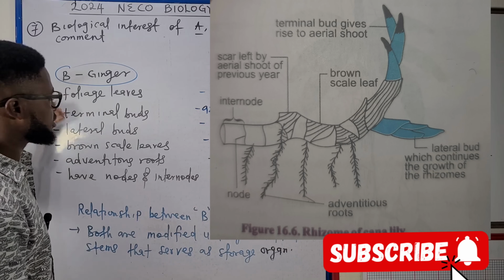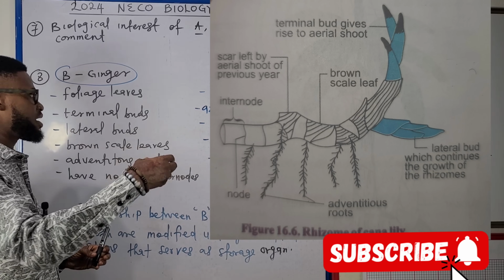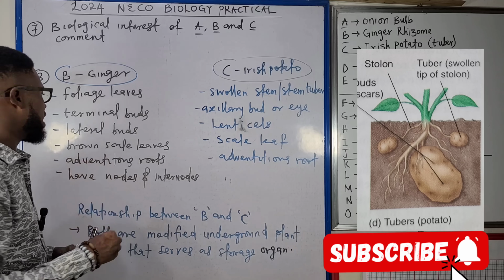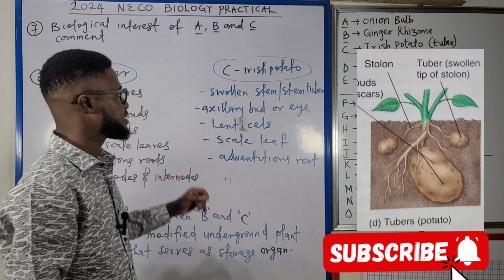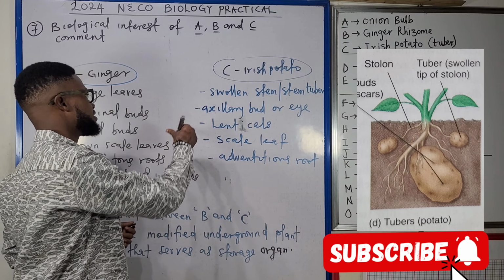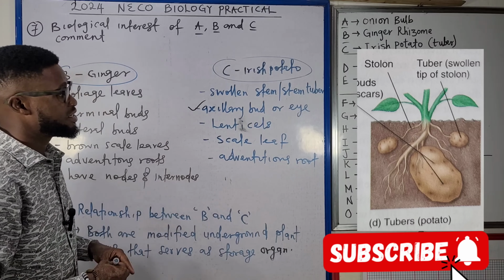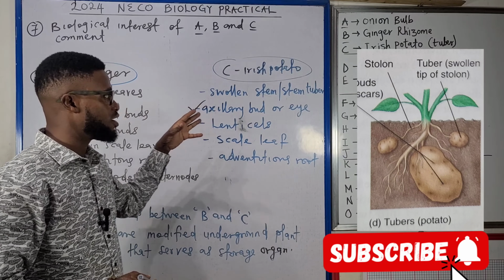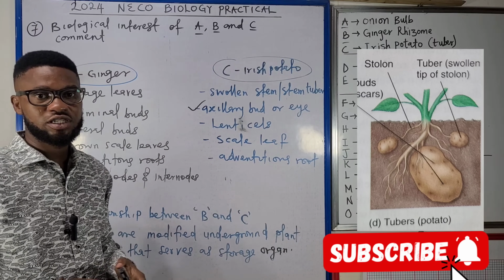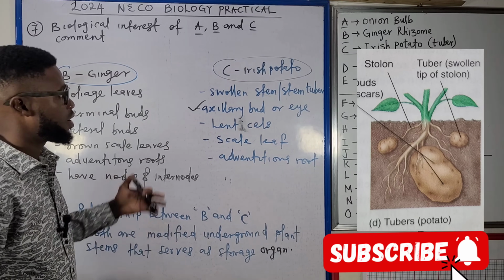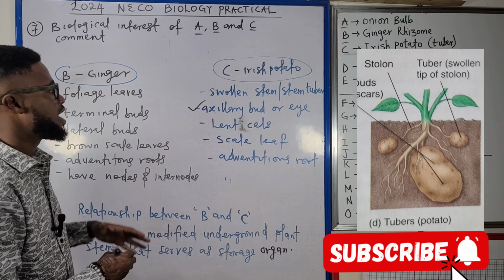Here we were told to state, so we're going to observe the specimen and state those things that are of biological importance. If you look at specimen C, without doubt, the axillary bud is always of great biological importance because it is what is responsible for vegetative propagation of this particular specimen.